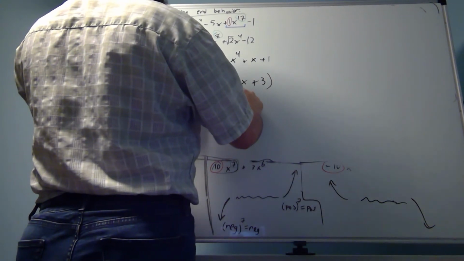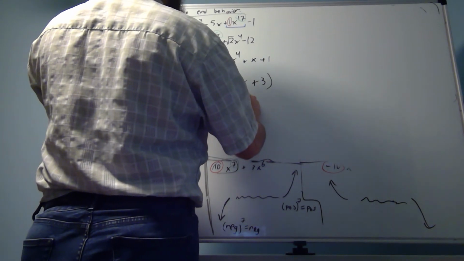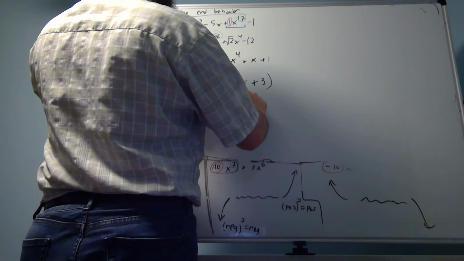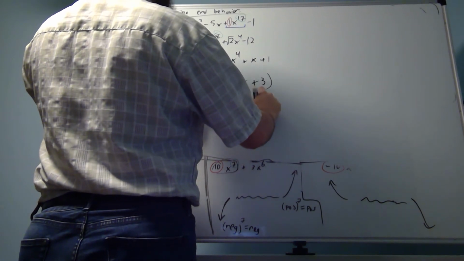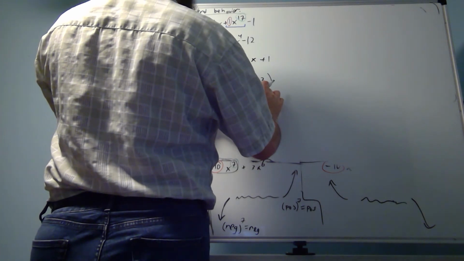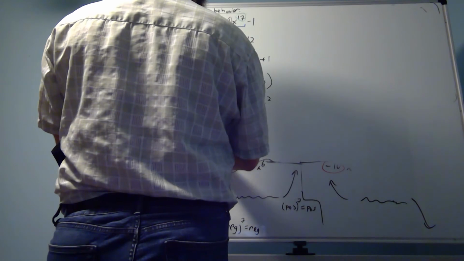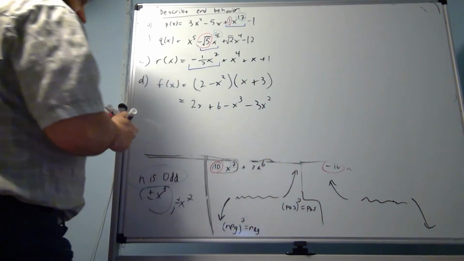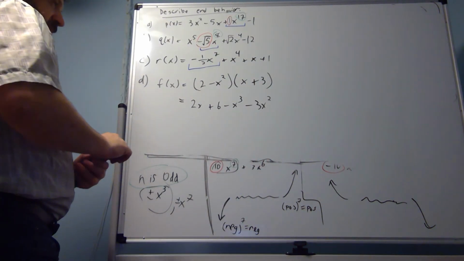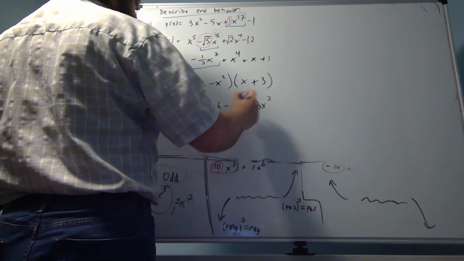So we get 2x plus 6 minus the middle ones, and then minus 3x squared. Okay, so that's all the algebra for this one. If I wanted this to be a longer problem, maybe there would be 3 of them.